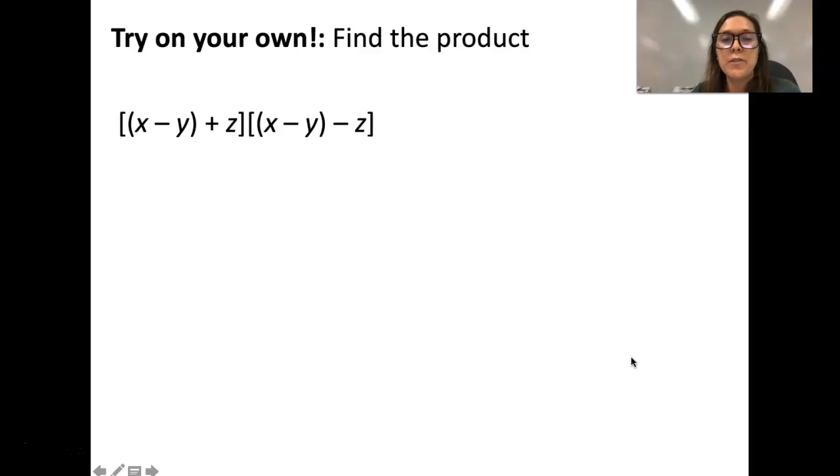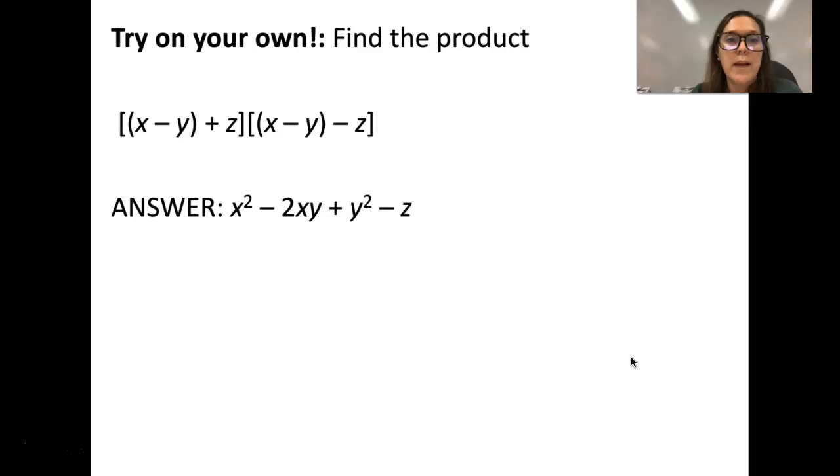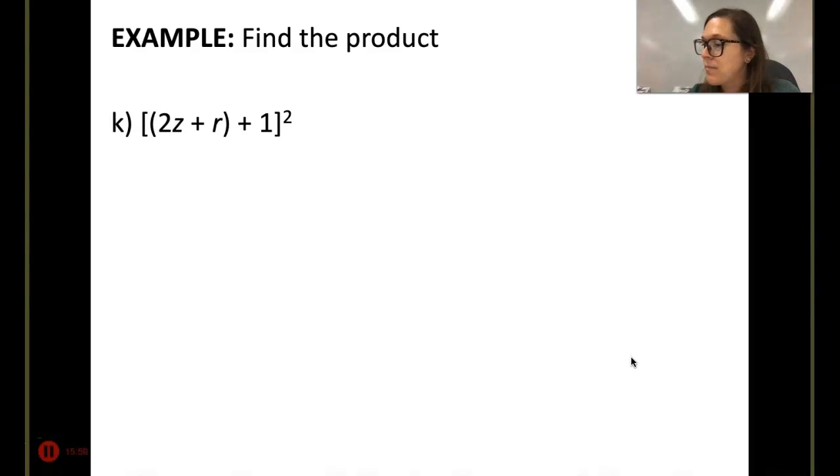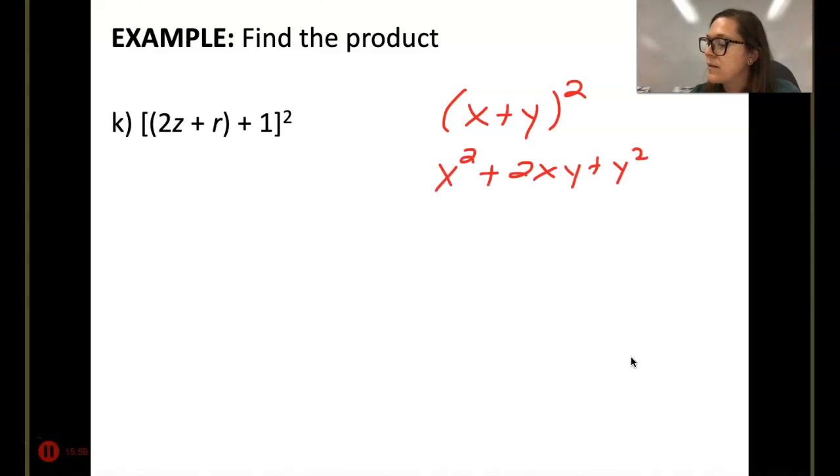Okay. So see if you can try this one on your own. Did you get x squared minus 2xy plus y squared minus z? Hopefully you did. All right, so now let's use our rule for expanding, right? So remember when we had x plus y squared, that was the same as x squared plus 2xy plus y squared.